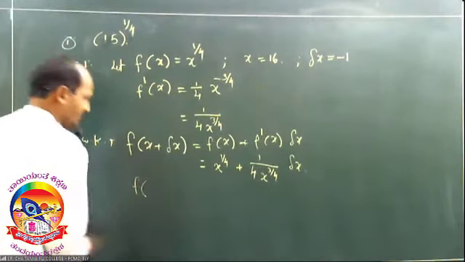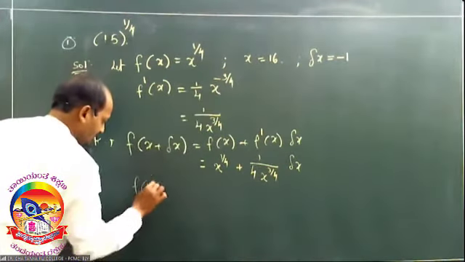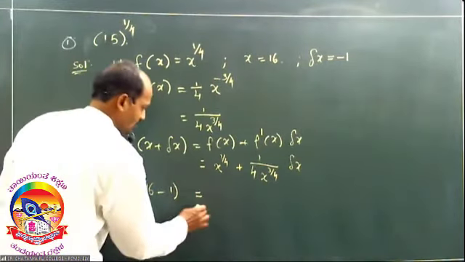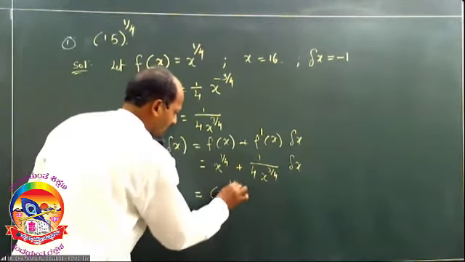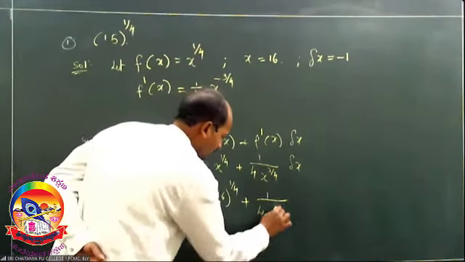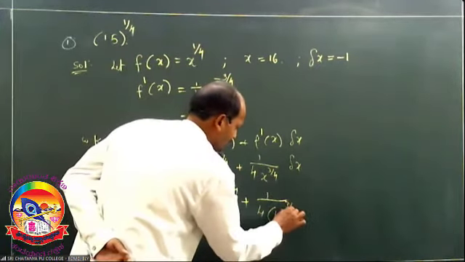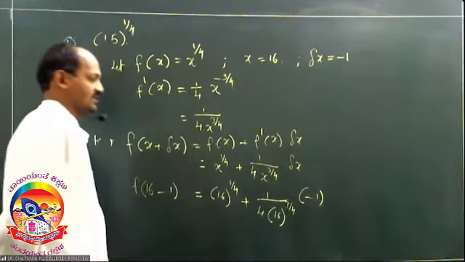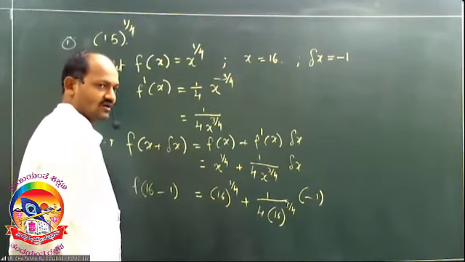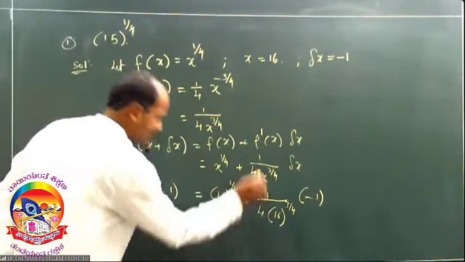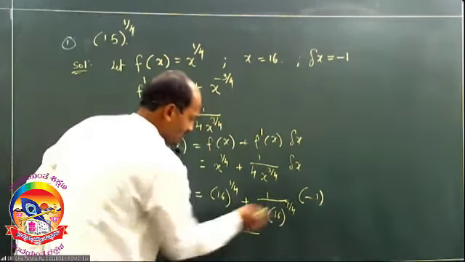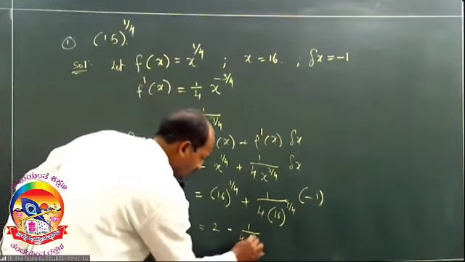Then f of x plus delta x: 16 minus 1 is equal to 16 power 1 by 4 plus 1 divided by 4 into 16 power 3 by 4 into minus 1. It is 2 power 4 whole power 1 by 4, or fourth root of 16, it is 2, minus 1 divided by 4 into 8.